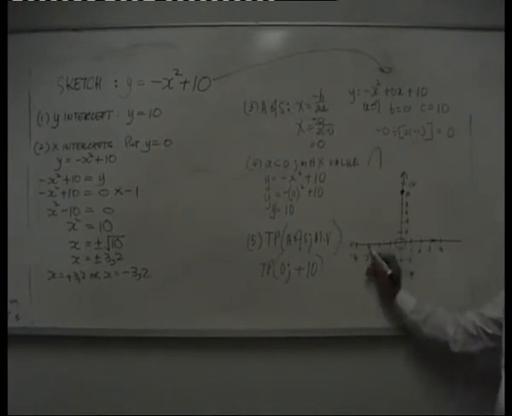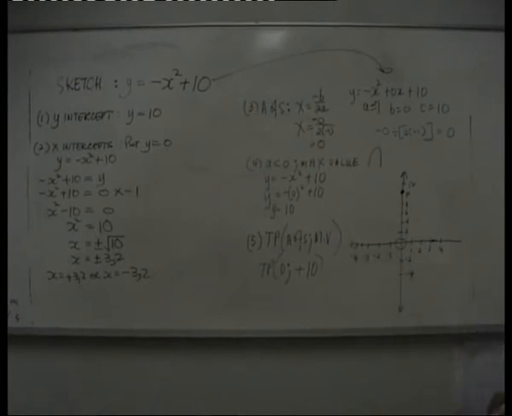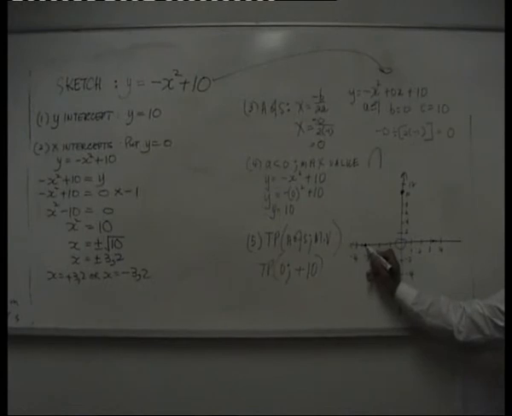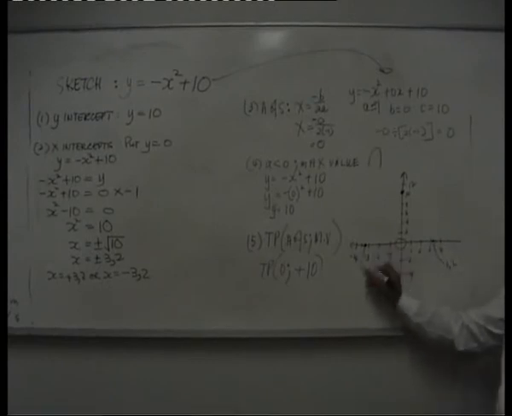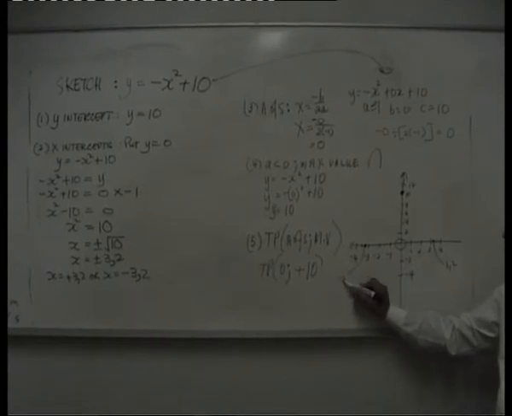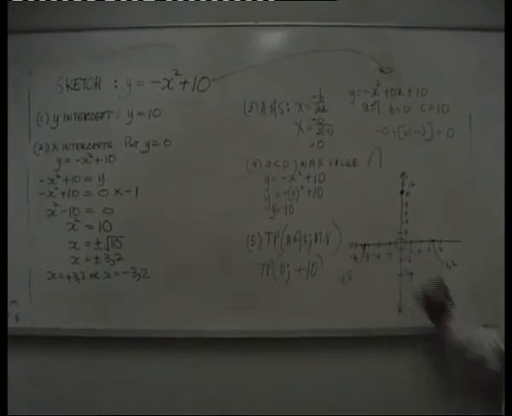Minus 3 is here. Minus 4 is here. That's minus 3.5. So minus 3.2 is somewhere here. You see? So that's minus 3.2. So that's 3.2. That's minus 3.2. Okay.